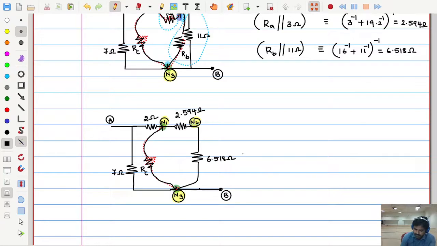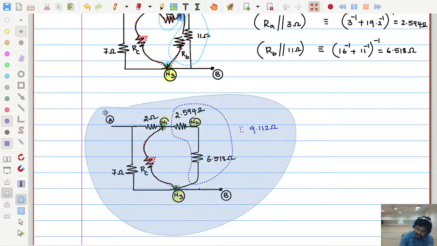Now observe, is there any series or parallel again? Could you see these are in series? Yes, sir. So how much is that equivalent? 2.594 plus 6.518, 9.112 ohms.